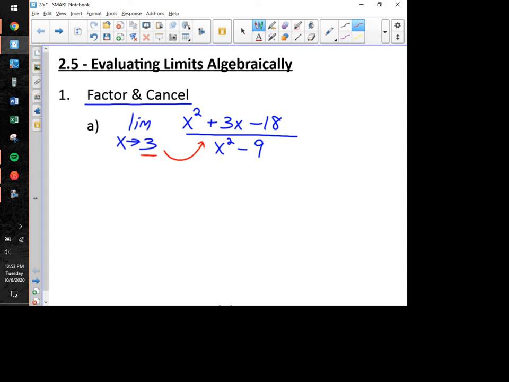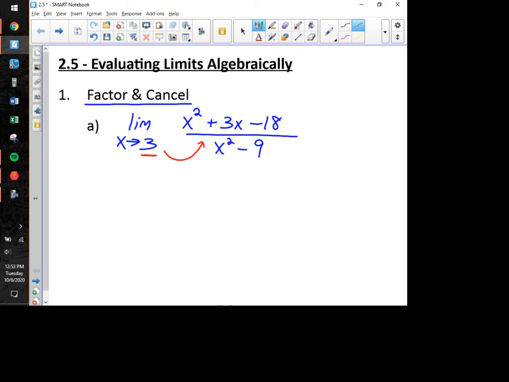Most notably, a discontinuity in the function of one of the three types we discussed in 2.4: either a point discontinuity, a jump discontinuity, or an infinite discontinuity. And when that happens, everybody, we usually need a different method to figure out the value of the limit itself.